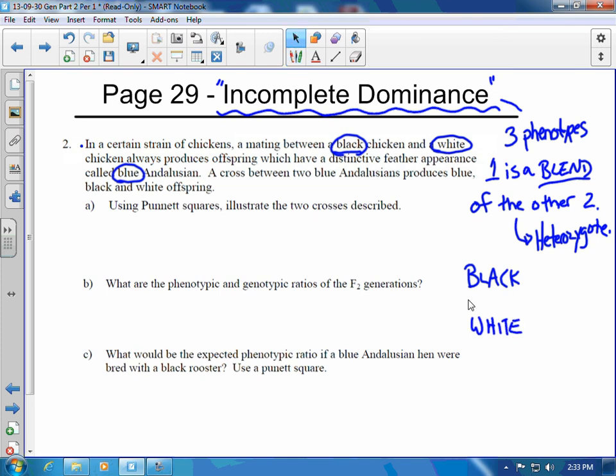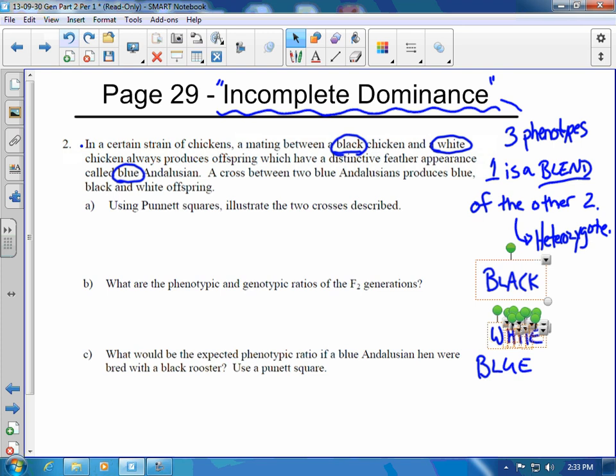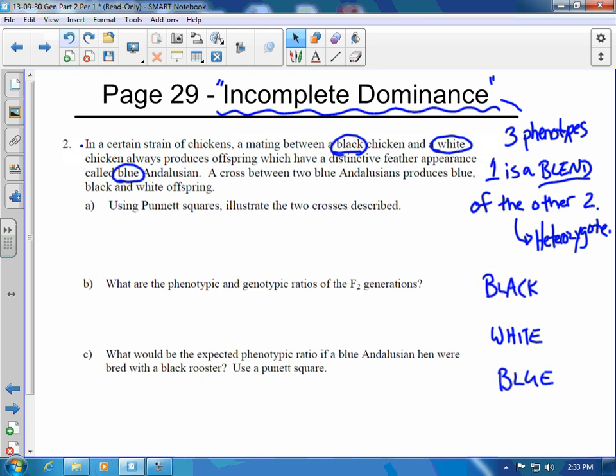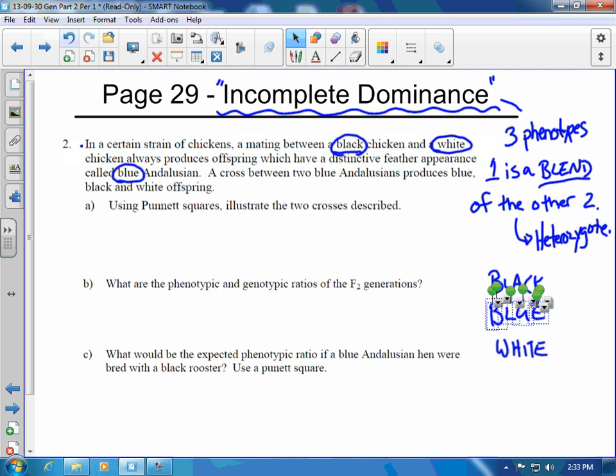This would work a whole lot better if this was black, white, and gray, but for the purposes of this question, we can just imagine that if black and white mate, we might find that blue is in fact the blend of those other two.